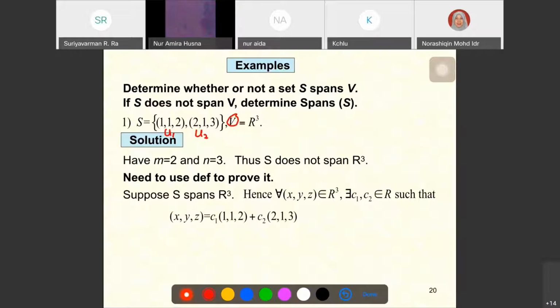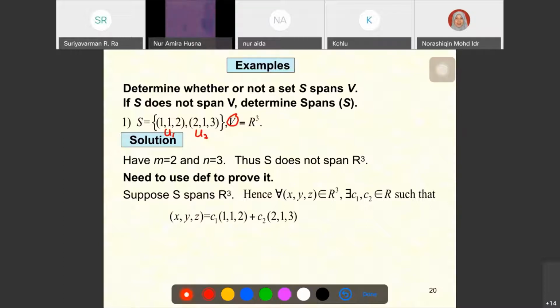So we have c1 plus 2c2 equal to x, c1 plus c2 equal to y, and 2c1 plus 3c2 equal to z.